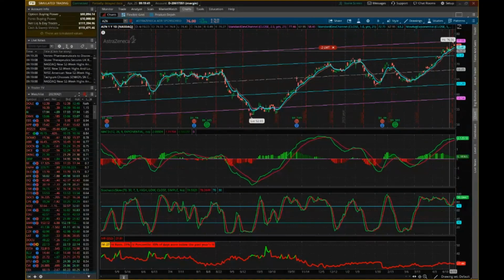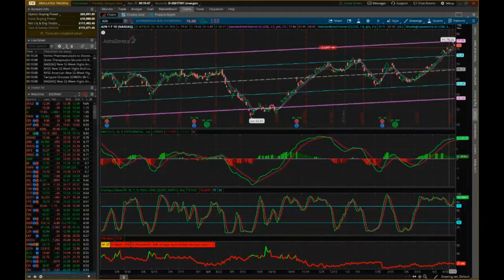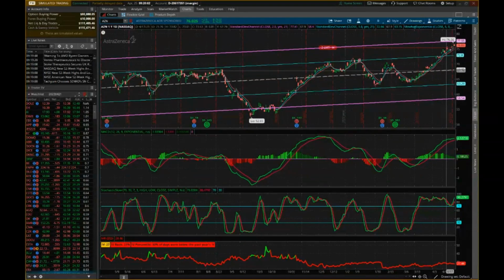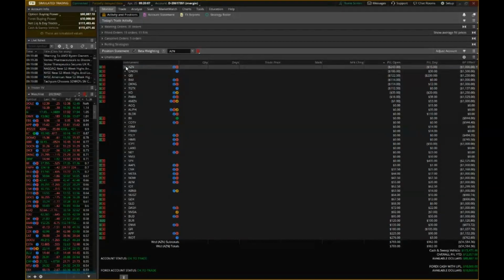Once we're filled, then we'll put in a limit order to get out. But my guess is within the next month, it may revert back down to 68 or so. Hopefully. So, okay, so we've got that order in there.